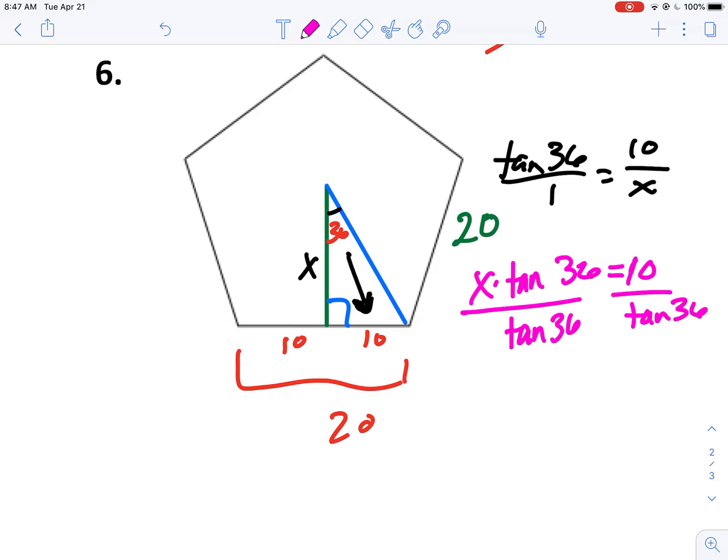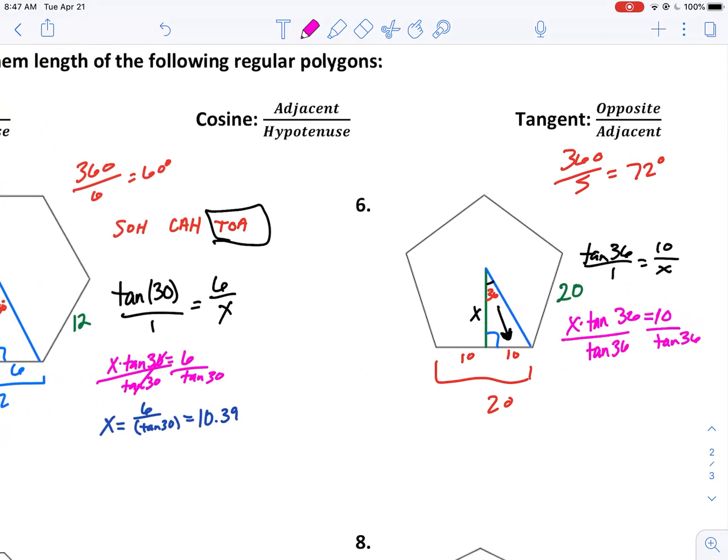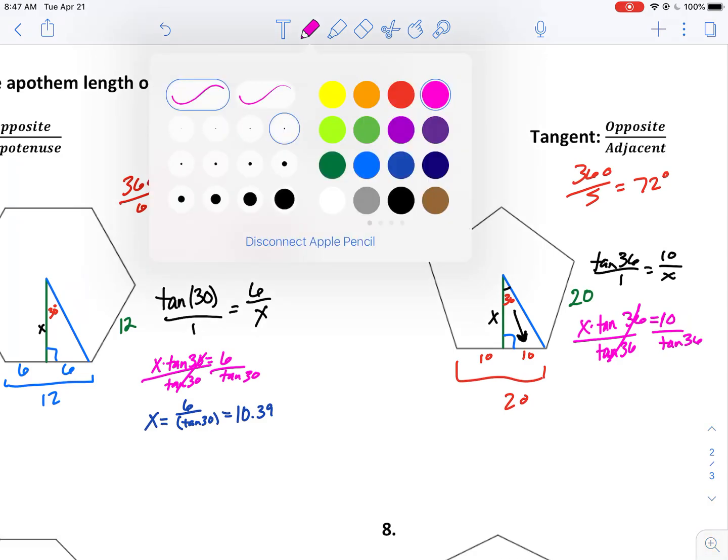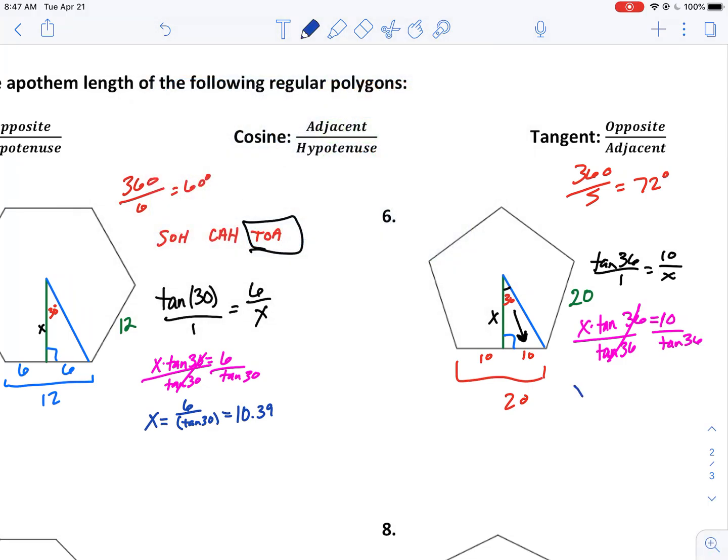And then we can divide by the tangent of 36. And again, make sure you're in degree mode here.